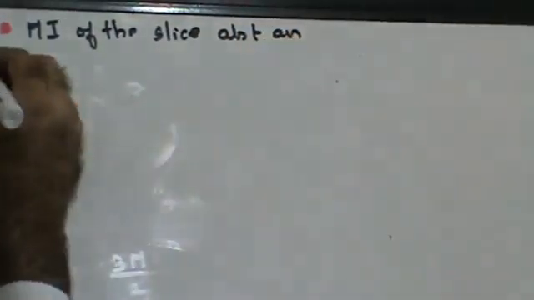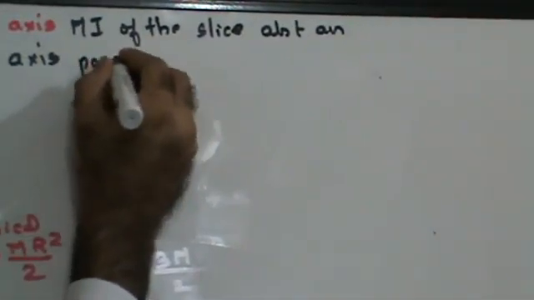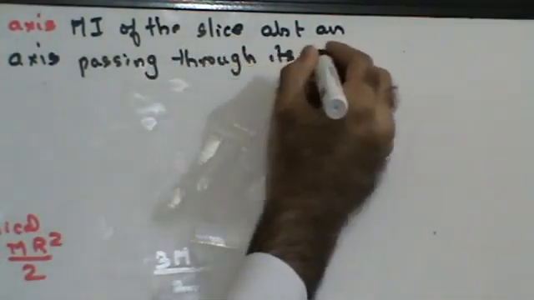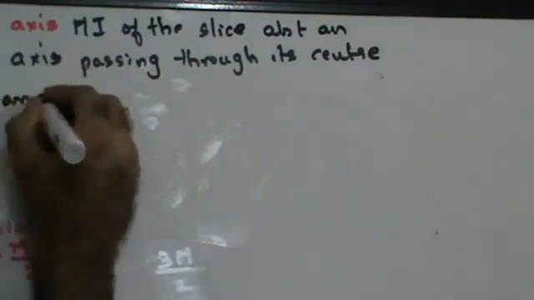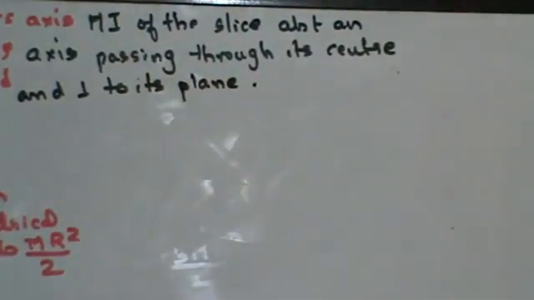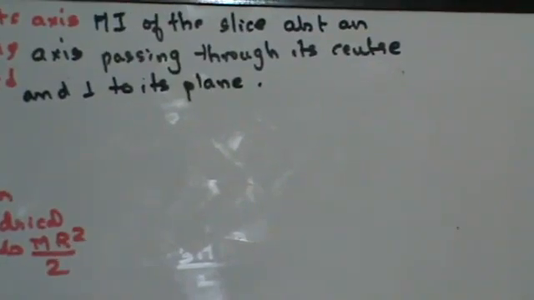Moment of inertia of the slice about an axis passing through its center and perpendicular to its plane will be the same as the moment of inertia of a disk about an axis passing through the center.